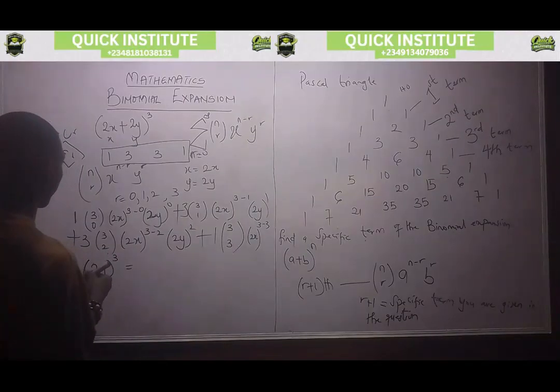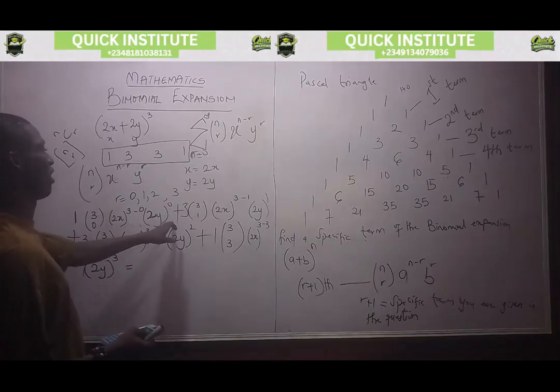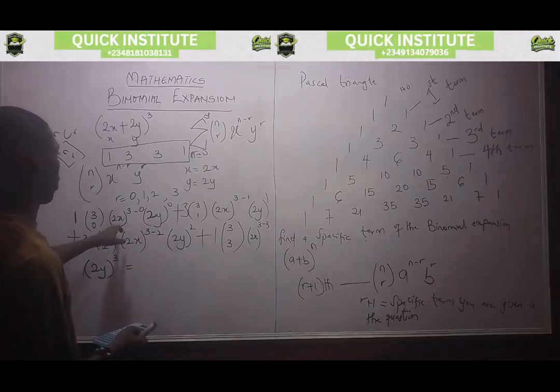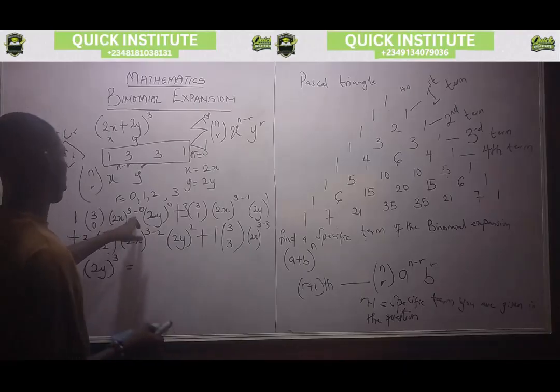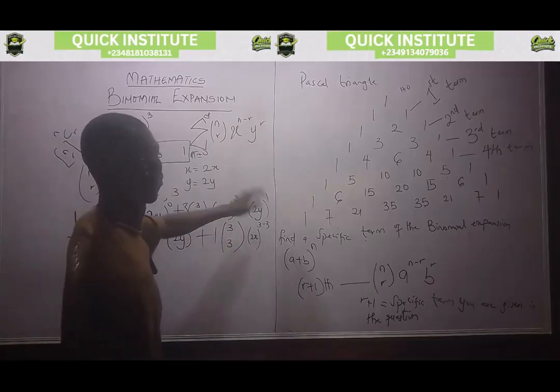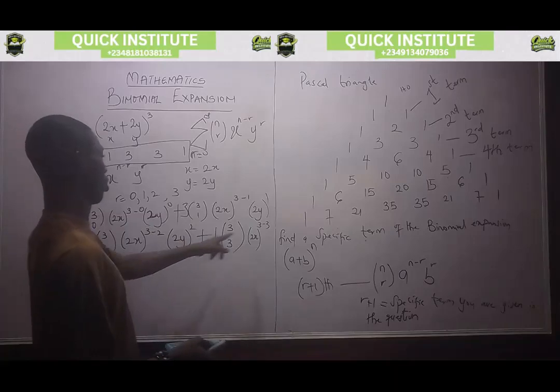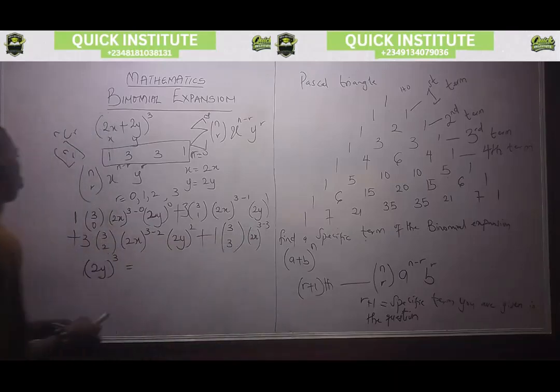You notice here as the power of s decreases, the power of y increases. So the power of s starts at 3 and the power of y starts at 0, then 2 and 1, and so on. That's how it will go.